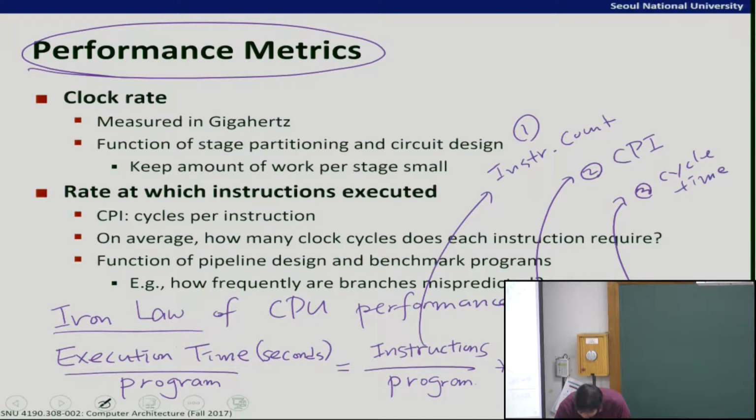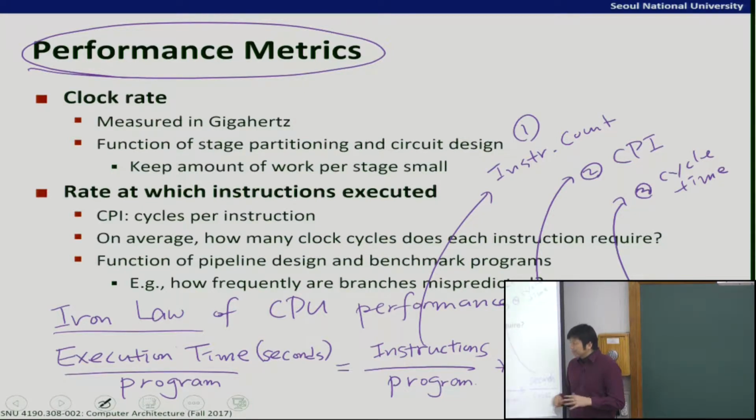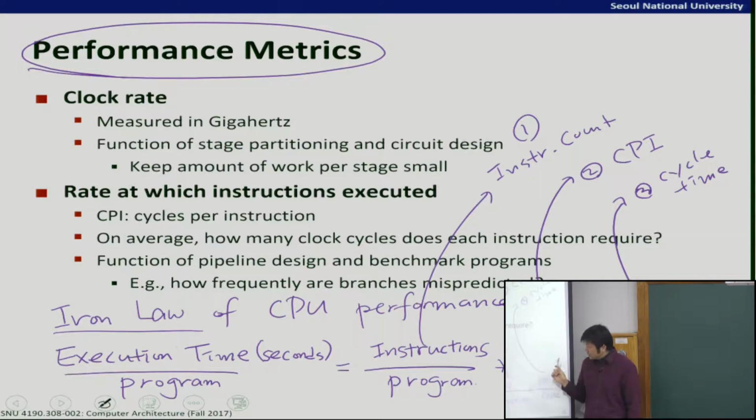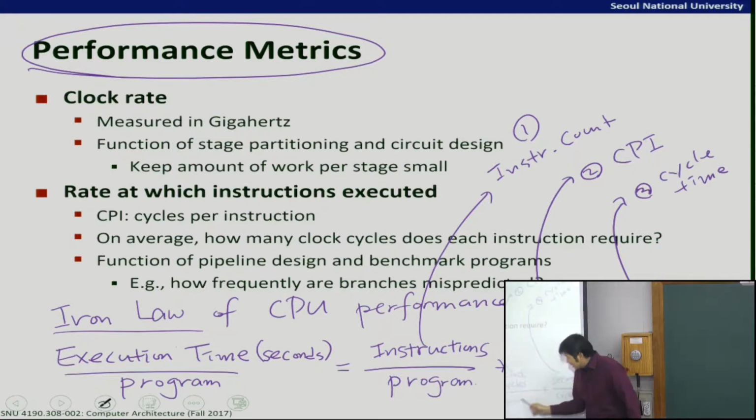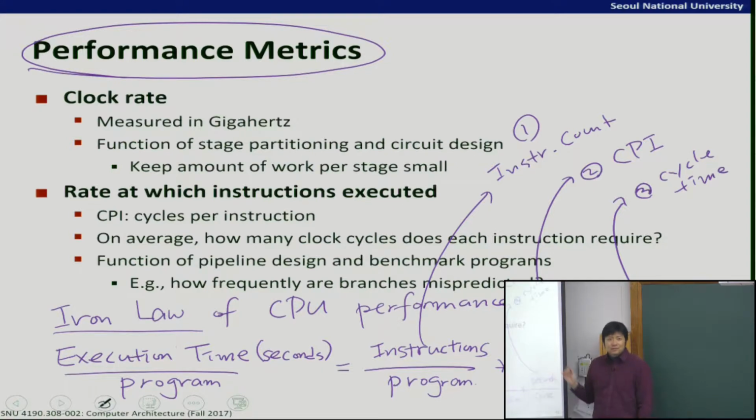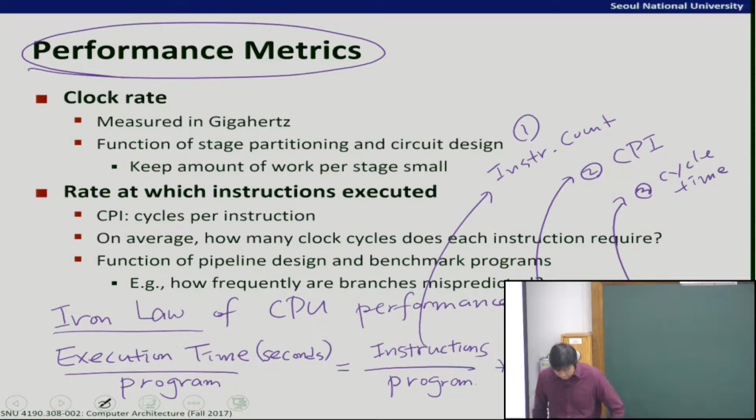So the execution time of a specific program on a specific CPU is the product of instruction count, CPI, and cycle time. If you multiply them all, the units cancel out, and eventually you have seconds per program. It calculates how many seconds it takes to execute your program.